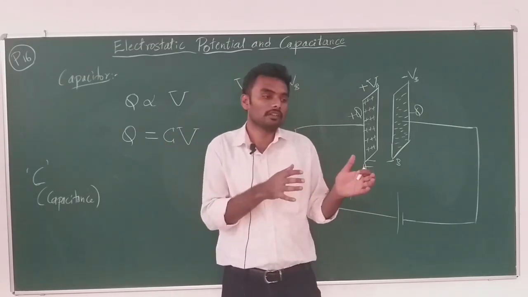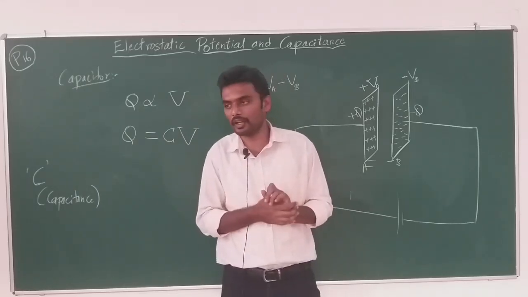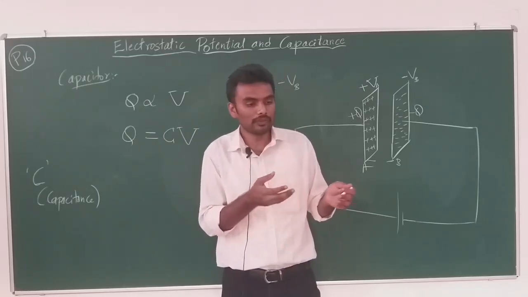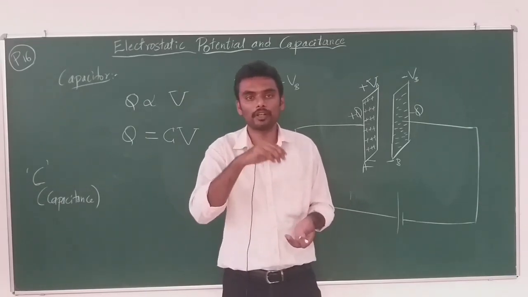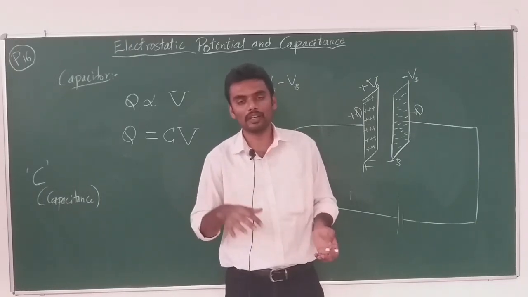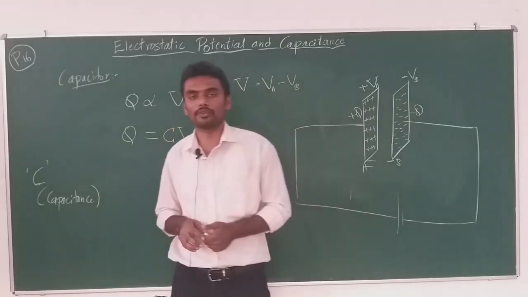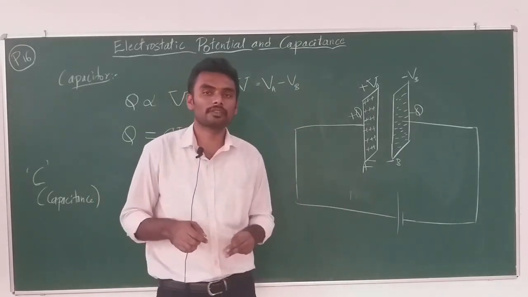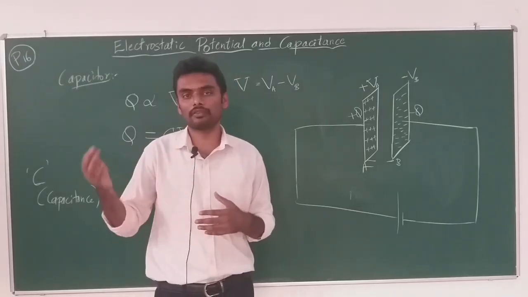Like the volume of the container that we choose, just an analogical example. If you have a cup, you can store hardly 100 ml, 200 ml of water in it. If you have a jug, you can store up to 1 liter. Or if you have a tank, you can store up to 1000 liters. If you have a bigger tank, then you can store lakhs of kiloliters in it.